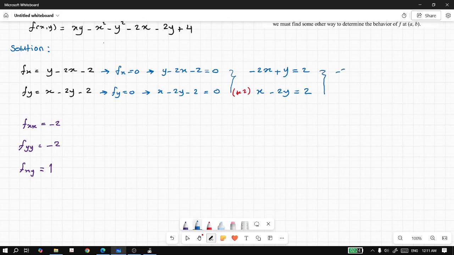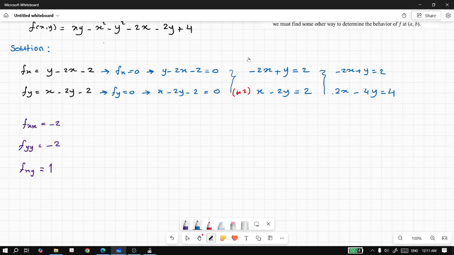I get minus 2x plus y, that's equal to 2. And here 2x, multiplying this, it becomes minus 4y, and that's equal to 4. Okay, 2 multiplied by x, that's 2x. 2 multiplied by minus 2y, that's minus 4y, and 2 multiplied by 2, that's equal to 4.